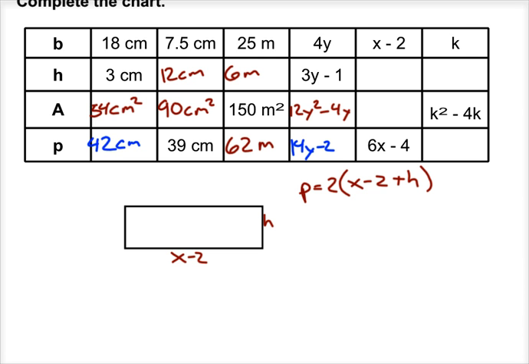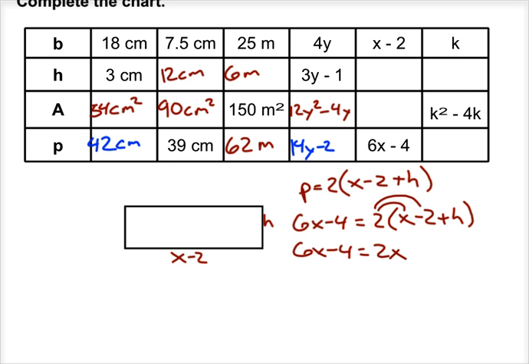Okay. And in this case, I actually know what the perimeter is. It's 6x minus 4, so I'm going to write 6x minus 4 equals 2 times x minus 2 plus h. And let's distribute. So I get 6x minus 4 equals 2 times x is 2x, 2 times minus 2 is minus 4, and 2 times h is 2h.